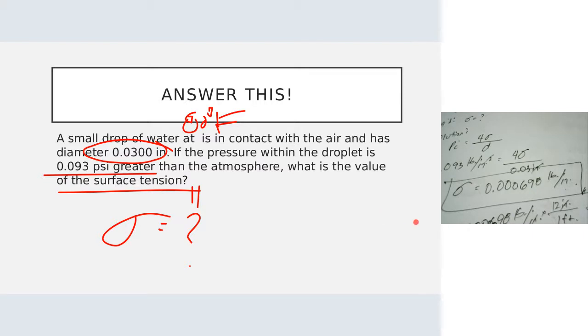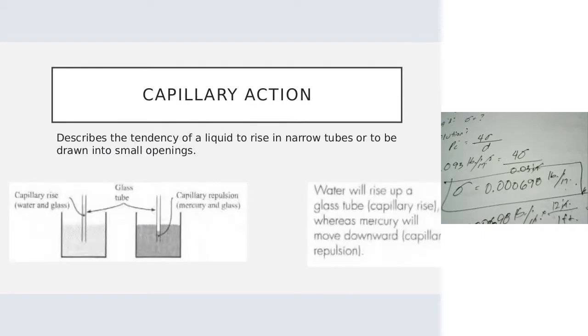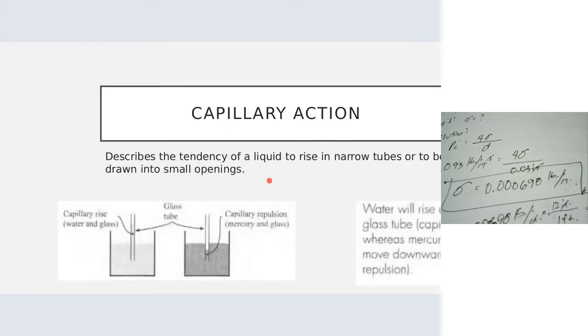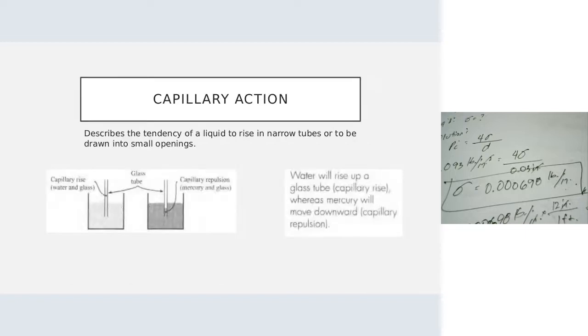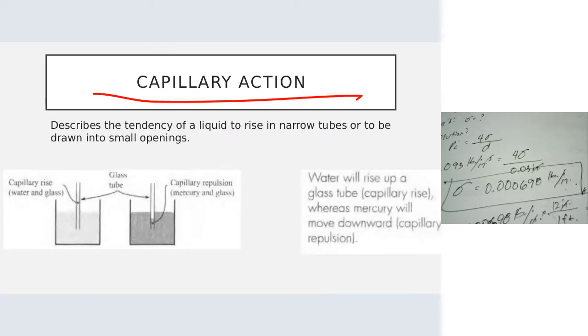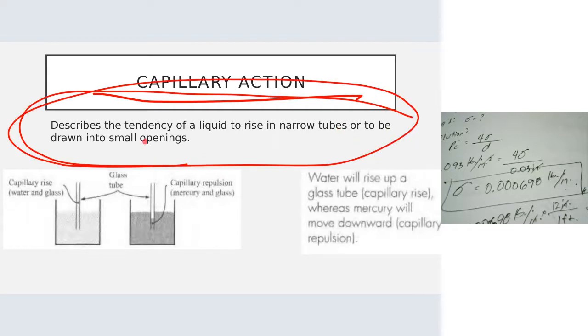Sige. Let's continue. So, we still have 2 or 3 rather na properties to discuss. So, punta na tayo dito sa capillary action. When we say capillary action, it describes the tendency of a liquid to rise in narrow tubes or to be drawn into small openings.